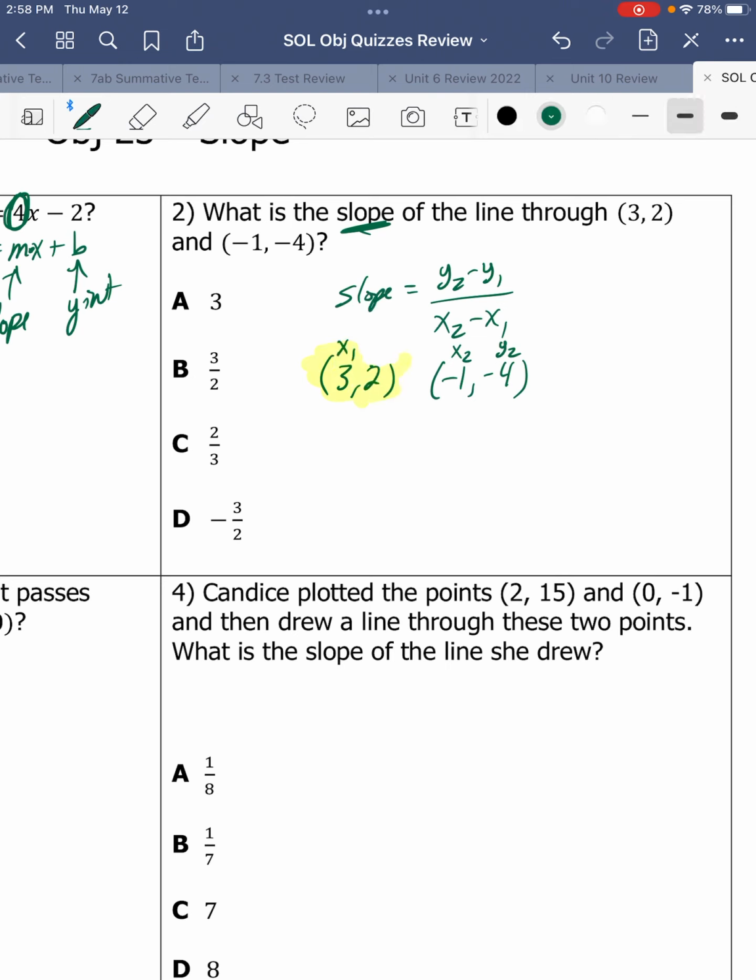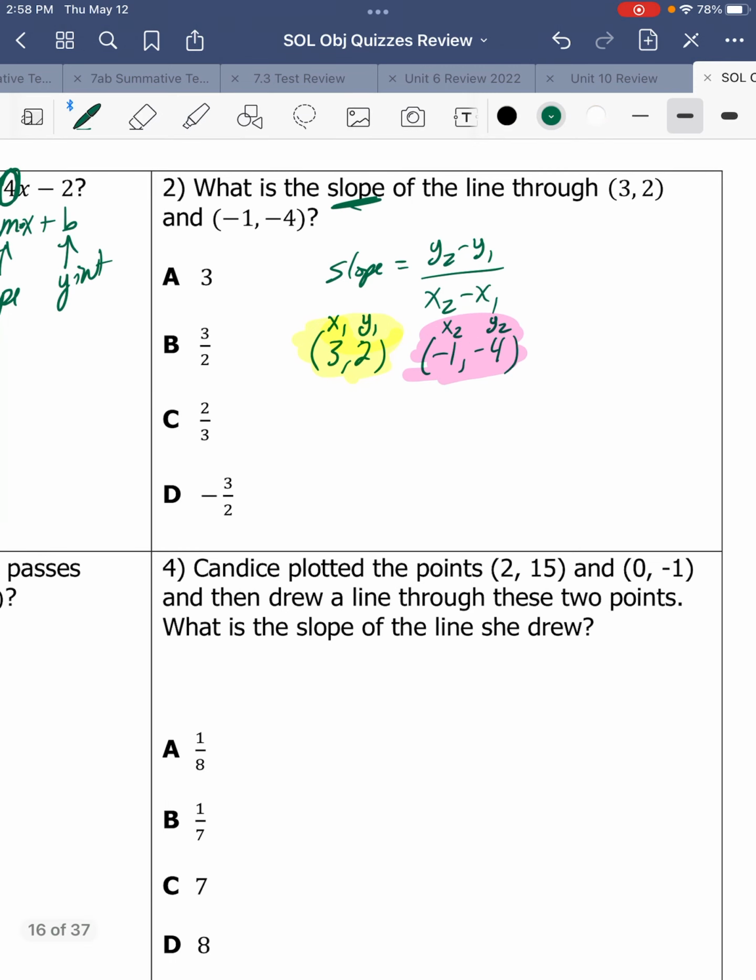I've got to erase this up here. That's ugly. Okay, so one of them is your first coordinate and the other is your second coordinate. That's what the little 1's and 2's mean. It's just labeling the coordinates. So we do y2, negative 4, subtracting y1, over x2 minus x1.